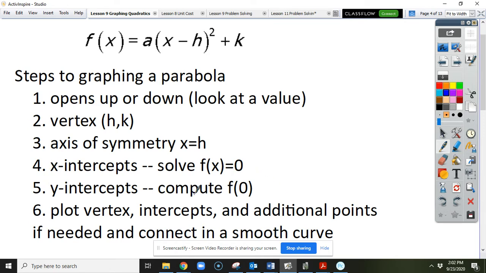And then for our y-intercept, where did it hit the y-axis? That is when x is 0. So it says compute f of 0, which is the same as setting x equal to 0. Then it says here, plot the vertex, the intercepts if you need additional points. Sometimes you won't have enough. You still need at least 3 points to be able to feel confident about your graph.